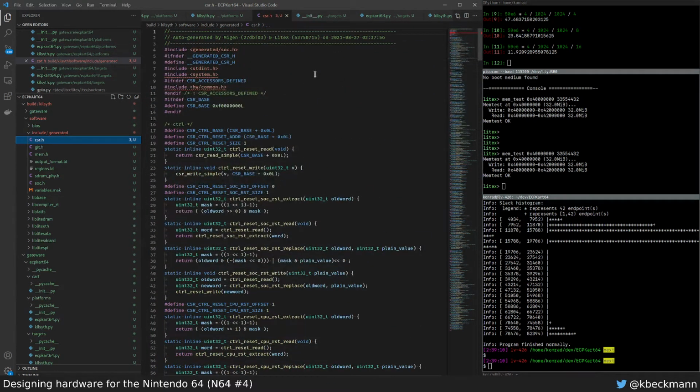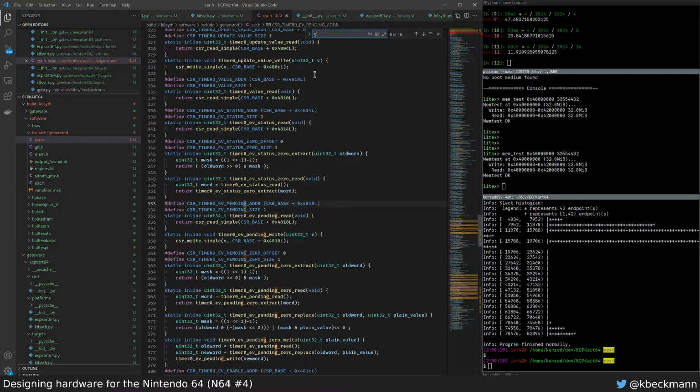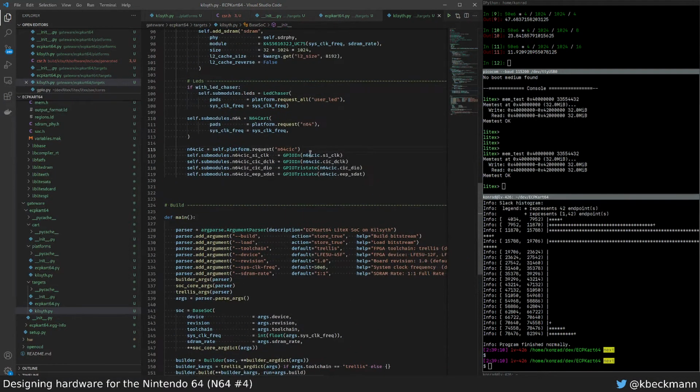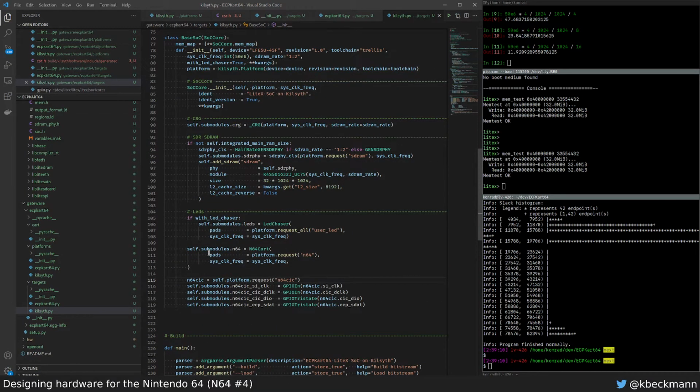So I guess what I want to look for is GPIO, but there's nothing. Okay, maybe I forgot to do something. I mean, I definitely forgot to do something. Question is just what? So I added submodules like so, but maybe I need to do something about the CSRs.